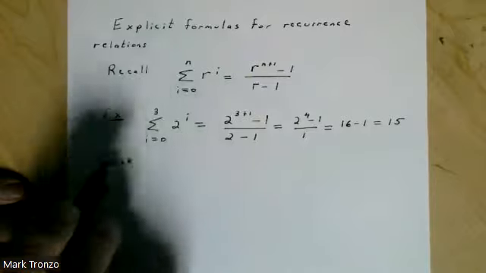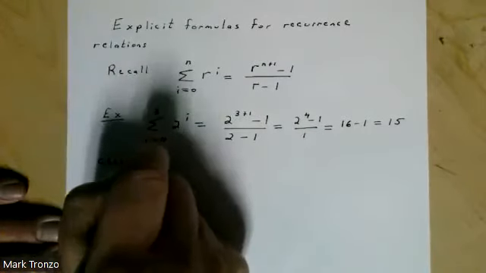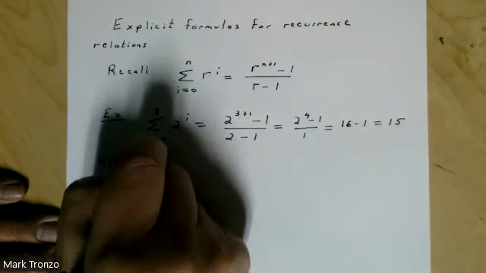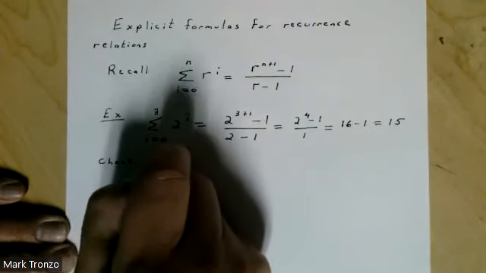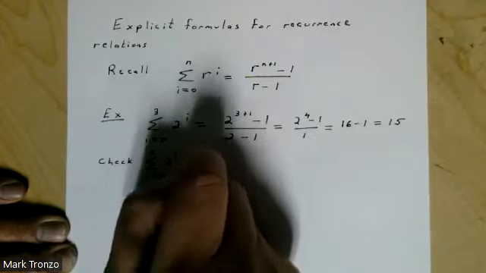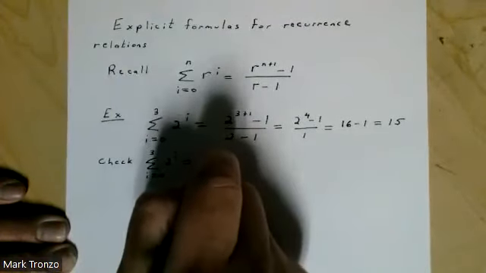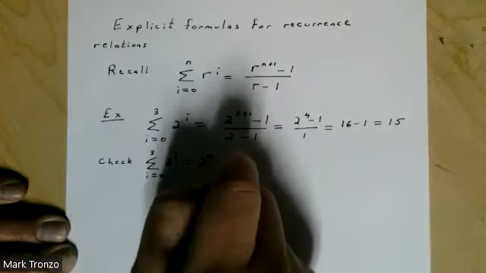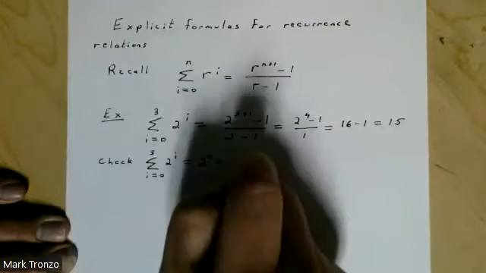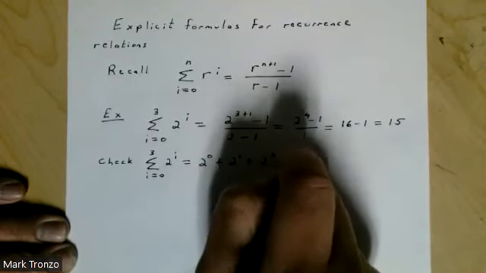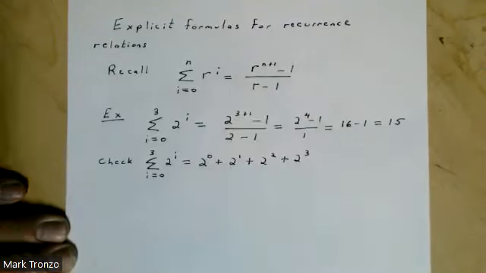If we actually did this sum, if we looked at the individual terms, we would have 2 to the 0 plus 2 to the 1st plus 2 to the 2nd plus 2 to the 3rd.